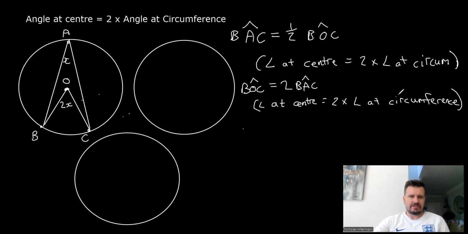Okay, now these other 3 drawings are exactly the same theorem. The only difference is where we put the angle at the circumference. I could still have this BC, so I still have that part there.